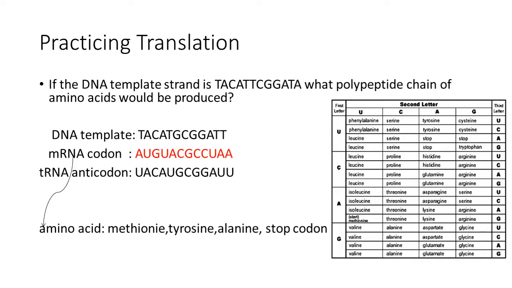T will pair with A. A pairs with T? No, U, because we are making mRNA, RNA. C, G, A, U, because we are making mRNA. T, A, G, C, C, G, G, C, G, C, A, U, T, A, T, A.